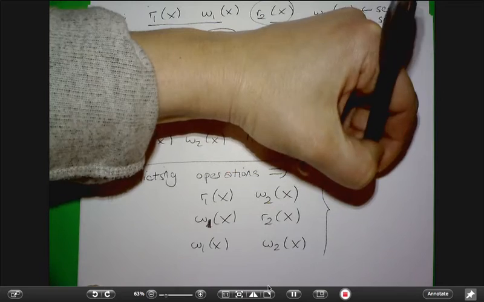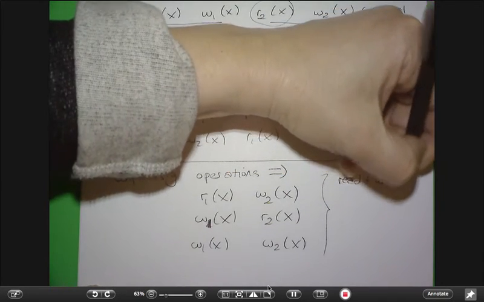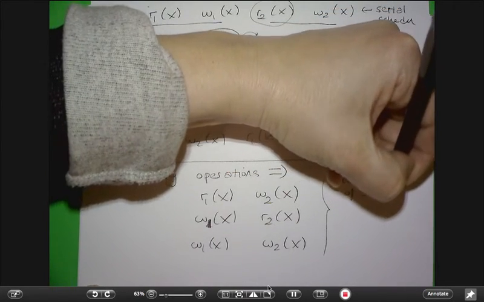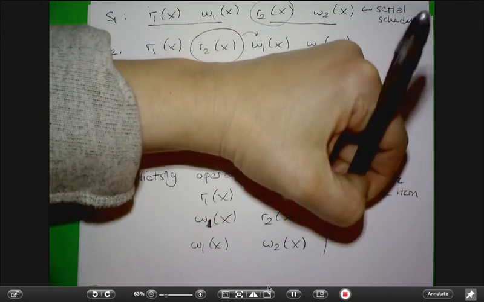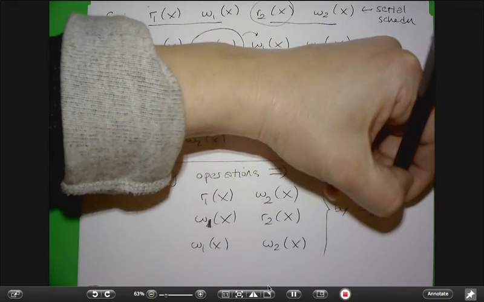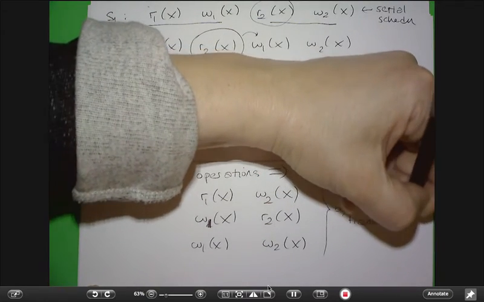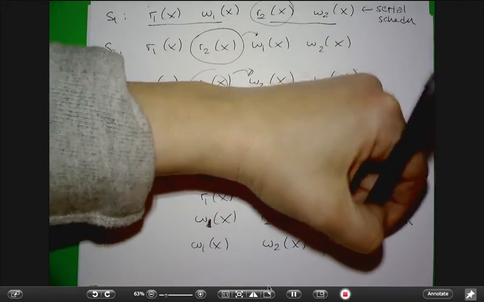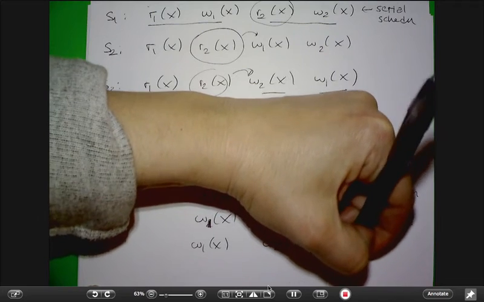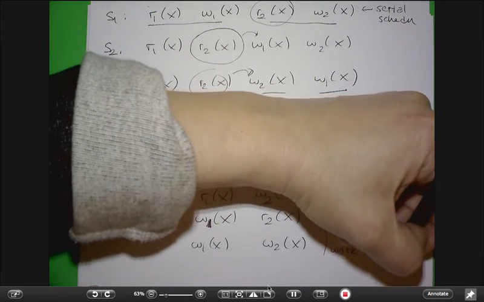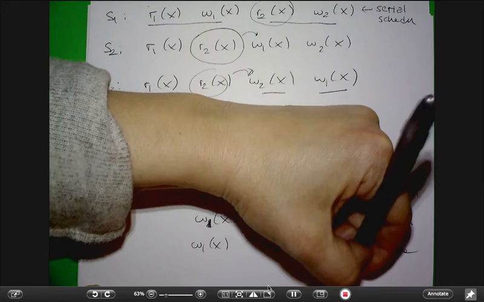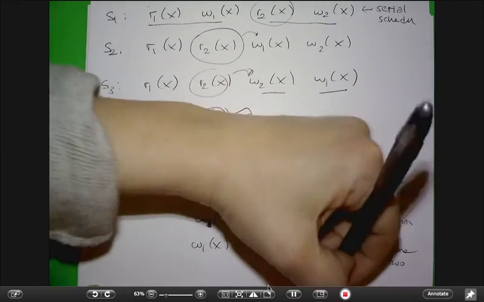So: read and write of the same item by different transactions, or write of the same item by 2 transactions.